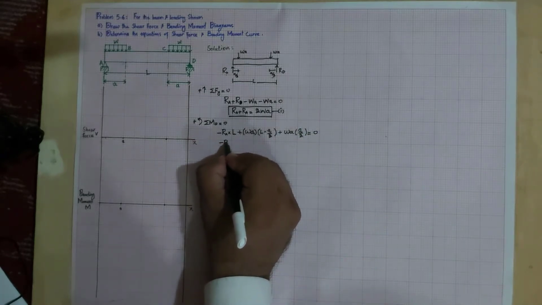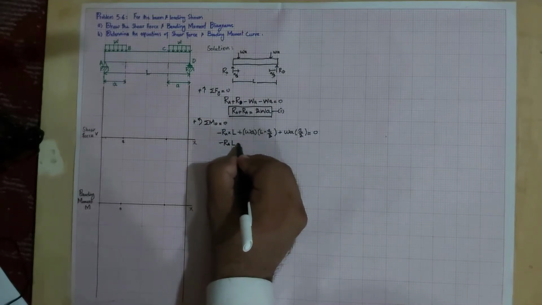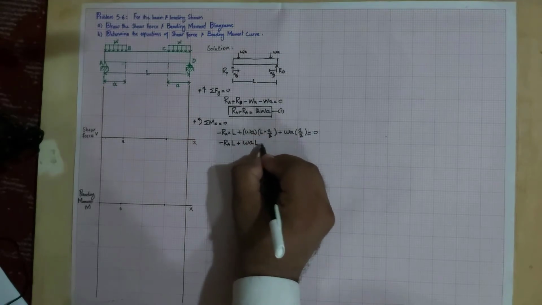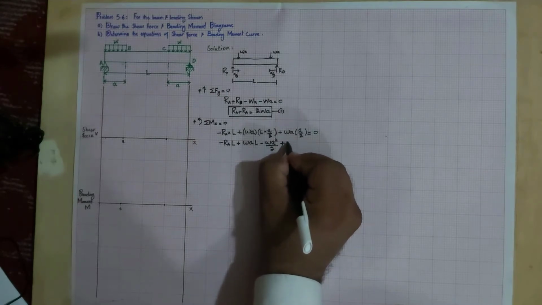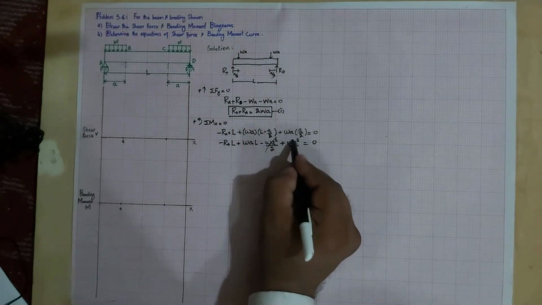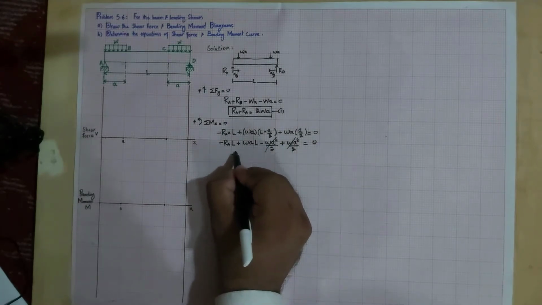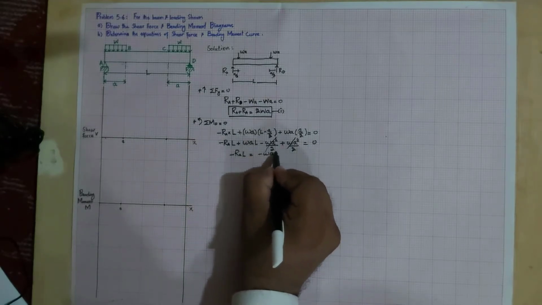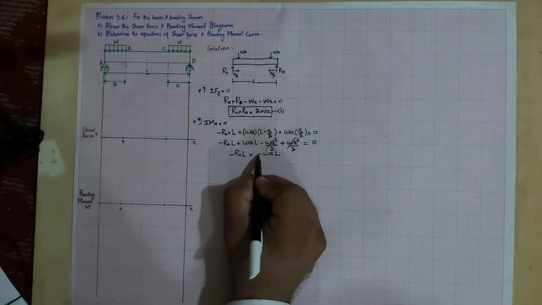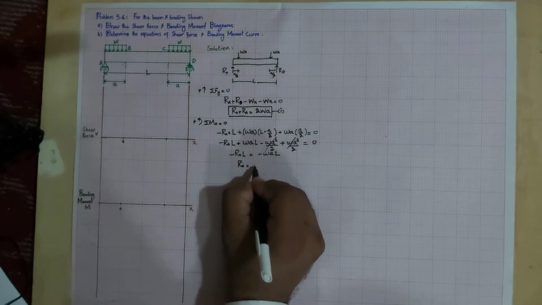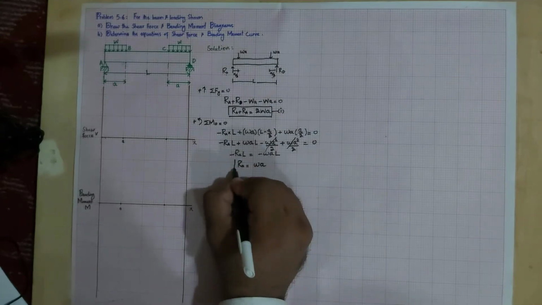So we get minus RA L plus WAL minus WA square over 2 plus WA square over 2 is equal to 0. This will cancel out. So we get minus RA into L is equal to minus WA into L. L will cancel and the minus signs will also cancel. So we get RA is equal to W into A.